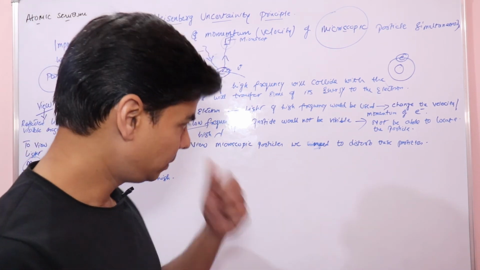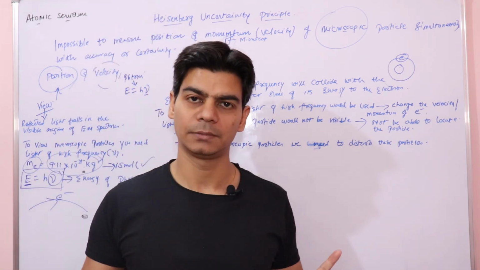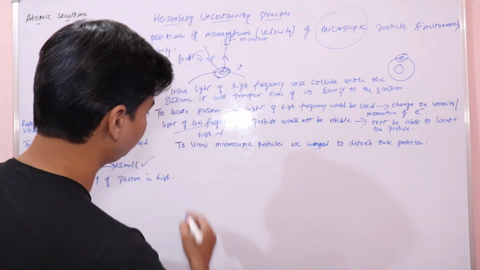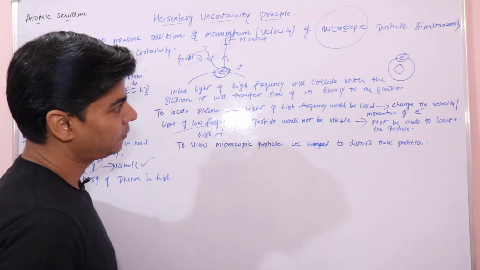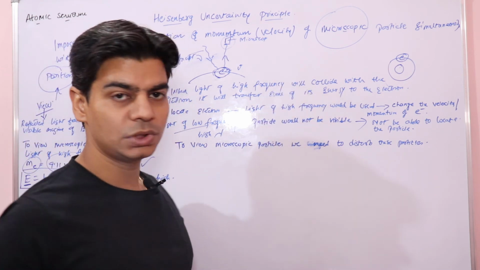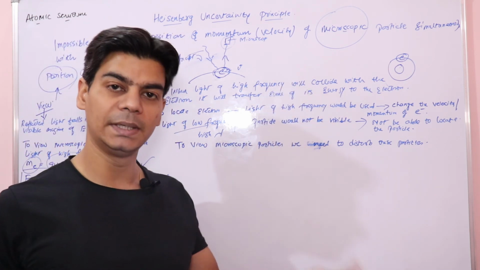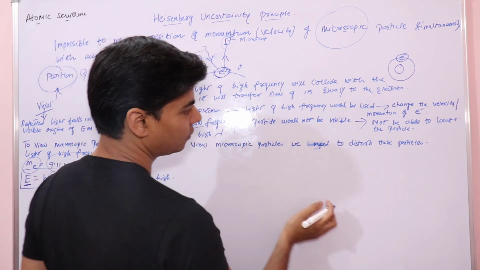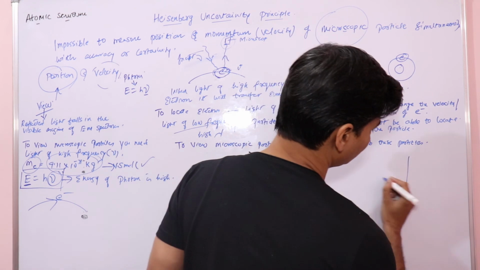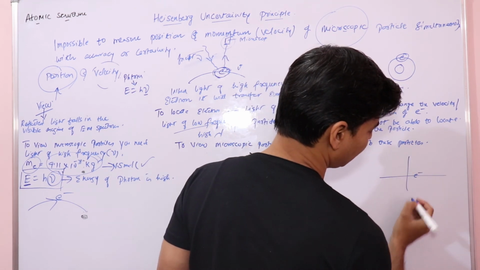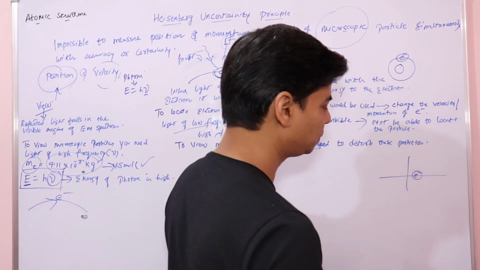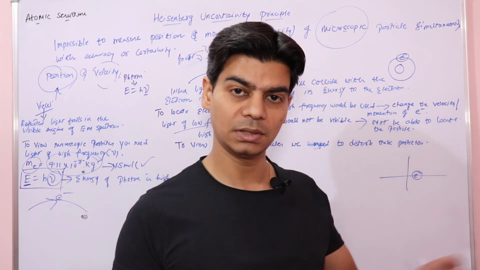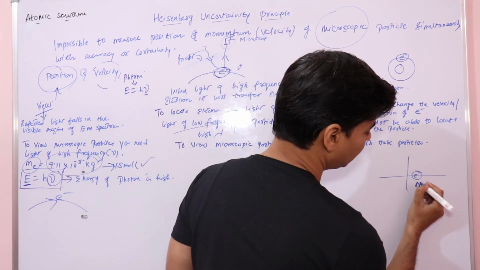Now there is a mathematical expression for the Heisenberg uncertainty principle. If we are talking about position and velocity, the uncertainty is in position and velocity. Suppose there is a particle moving along the x-axis, and its uncertainty in position along the x-axis is delta x.